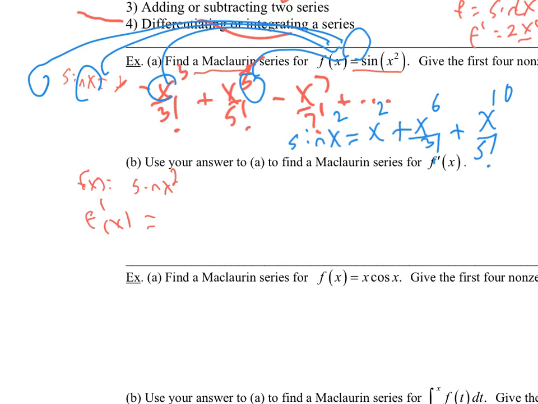I'm doing sine of x. Sine of x squared is here. So the derivative of that would be 2x plus 6x to the 5 over 5 factorial plus 10x to the 9 over 5 factorial.